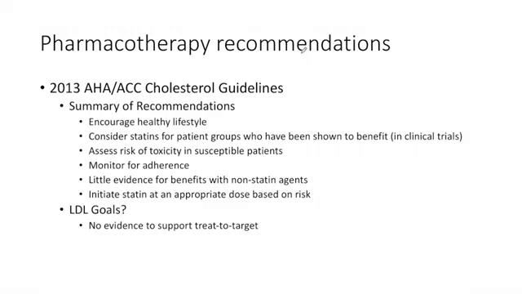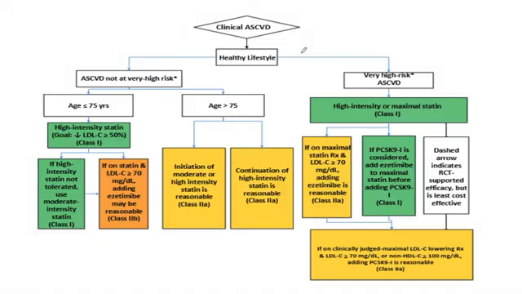A softer target for no cardiovascular disease but high risk, we're looking at 100. So diabetes changes the goals, in addition to some other cardiovascular comorbidities. Treat to target is more of a soft approach now than it was before. So that's what that means. So here is what we look at.